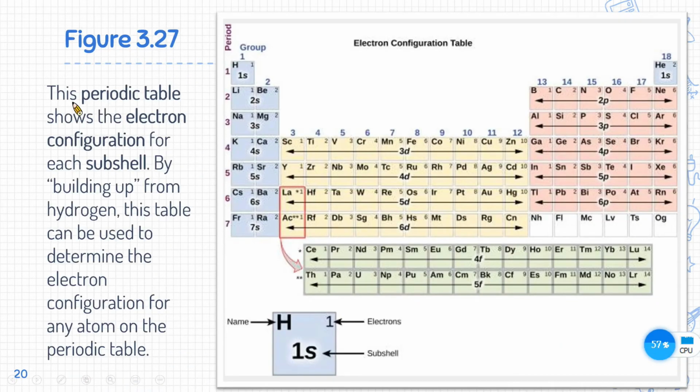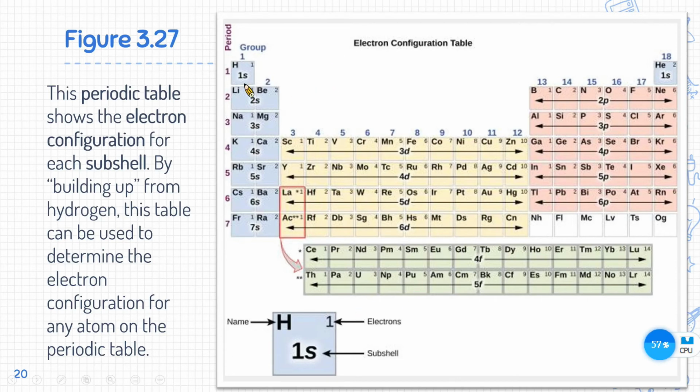This figure shows the periodic table with the electron configuration for each subshell by building up from hydrogen. This table can be used to determine the electron configuration for any atom on the periodic table.